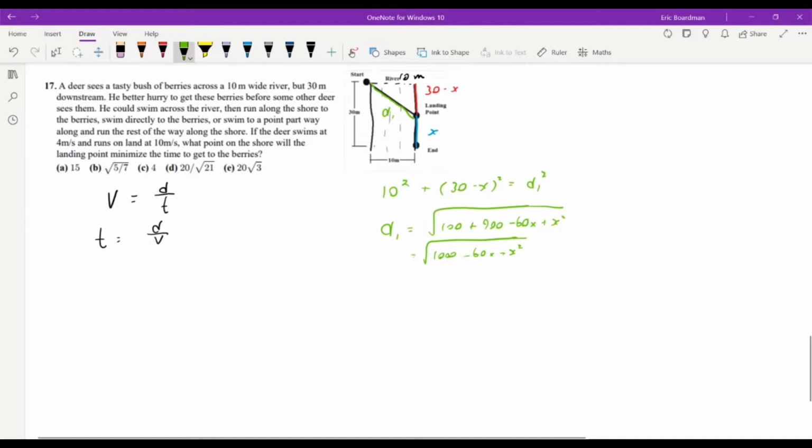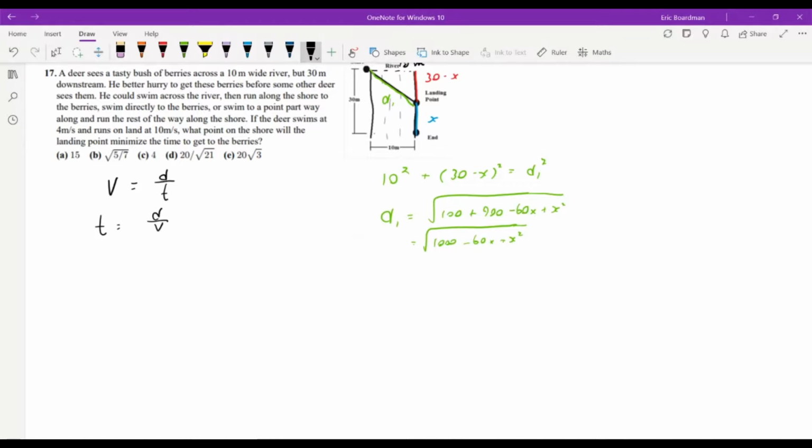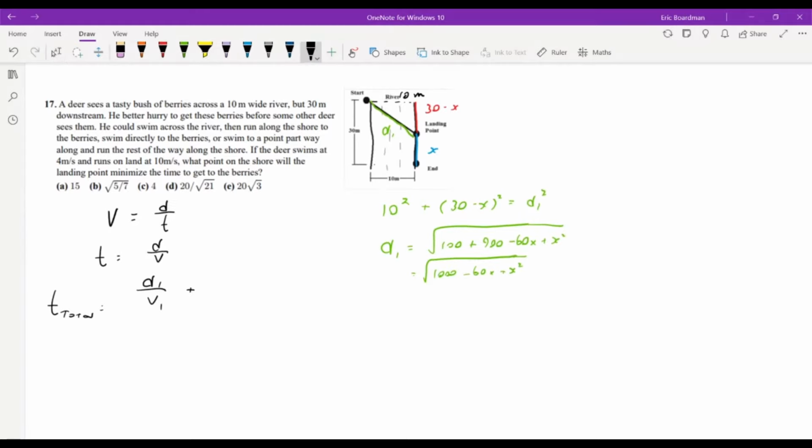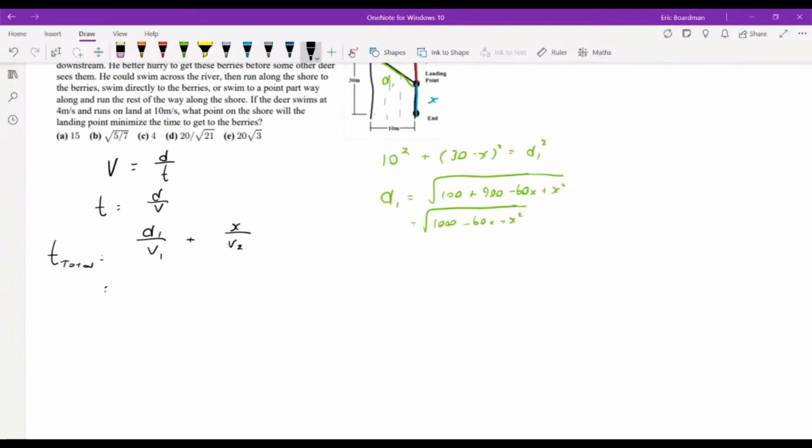So the total time is going to be equal to the first distance over the velocity in the water, plus the second distance, which is just x in this case, over its velocity on land. We just found that the first distance is the square root of 1,000 minus 60x plus x squared.